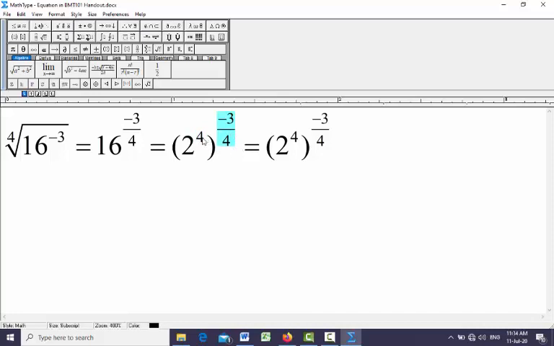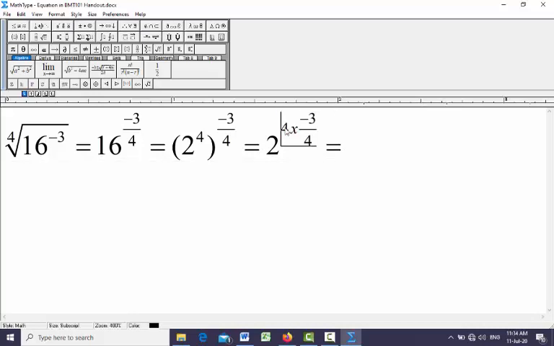So both of these powers will get multiplied. So it will be like this. Both of these powers will get multiplied.